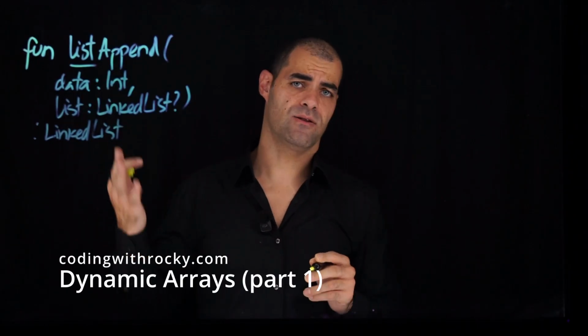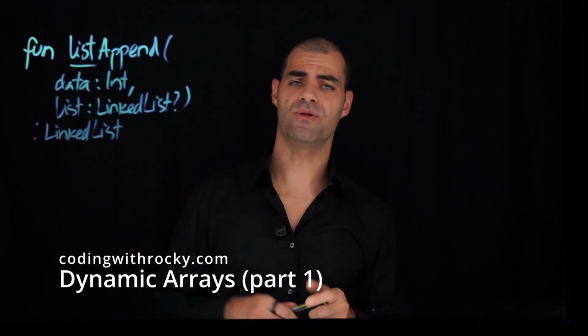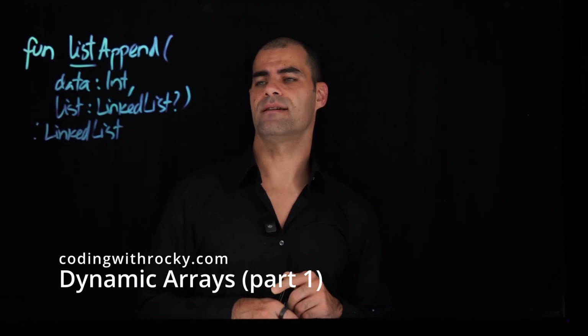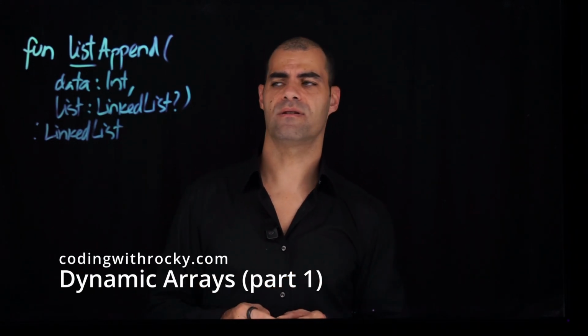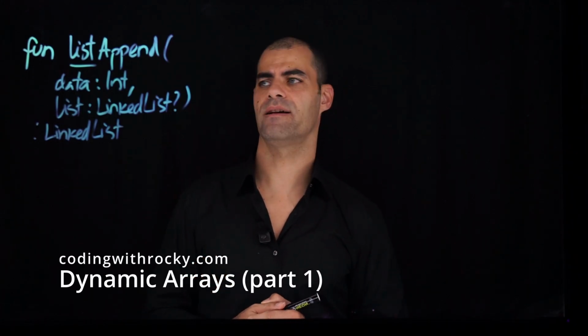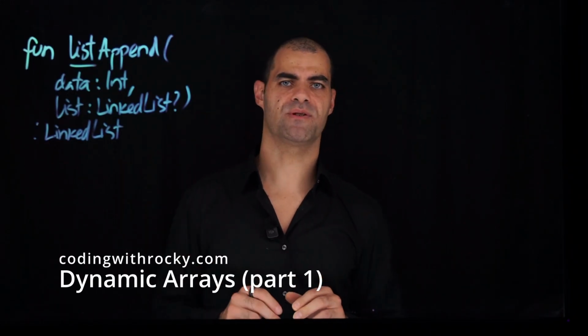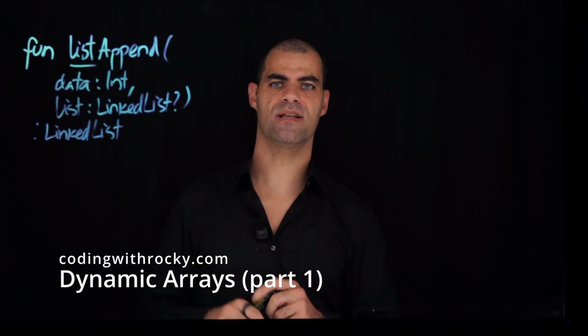This style is also common in some programming languages. For example, in C programming, you would do it like this. But in Java and Kotlin and many other languages that support the object-oriented programming style, this is not how you would do it. I did this on purpose so that you have a feel for how it looks.